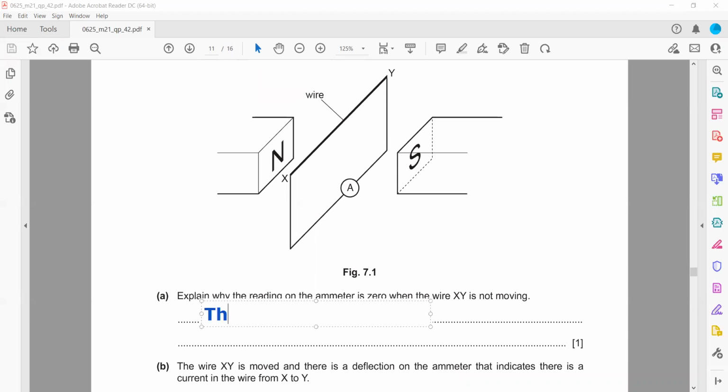So when the wire is stationary, at rest or not moving, there is no change in the magnetic field.